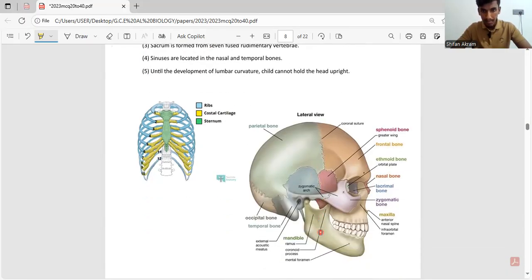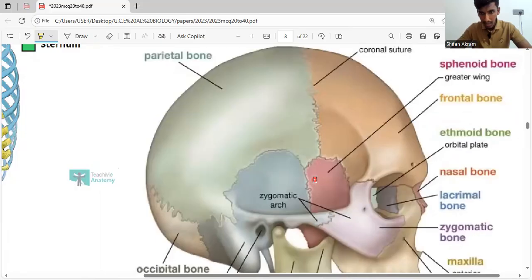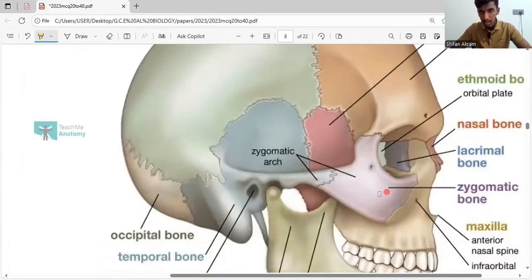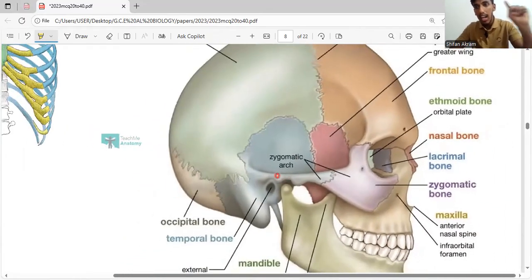Here you can see this is the zygomatic bone and this is the temporal bone. The bridge formed by both the zygomatic bone and the temporal bone is the zygomatic arch.